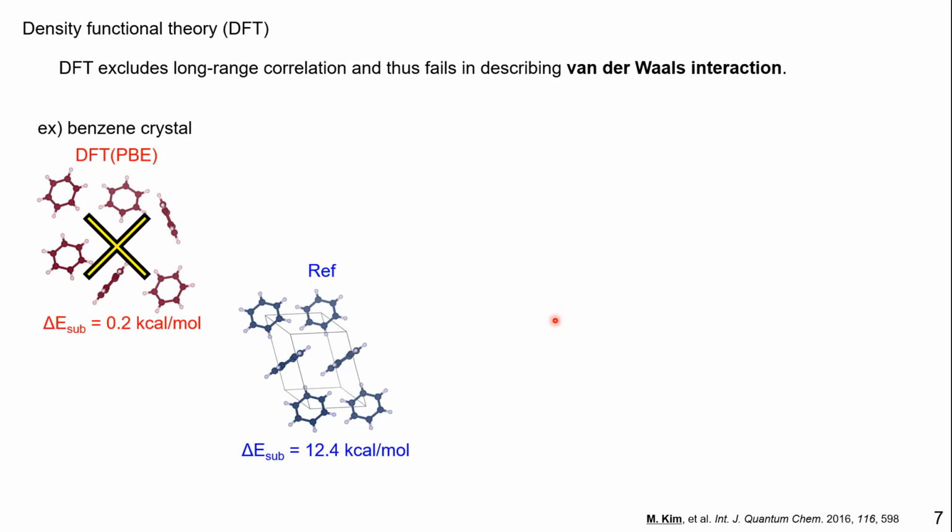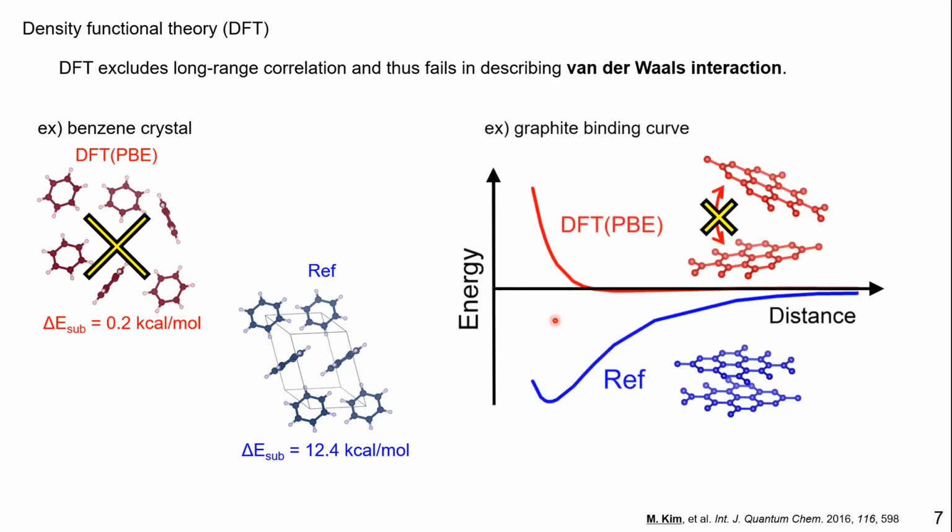So we need to add the correct extent of long range correlation to DFT to make accurate predictions for the van der Waals interaction. For example, in the case of molecular crystals, a kind of DFT, PBE, cannot predict the crystallization of benzene molecules.